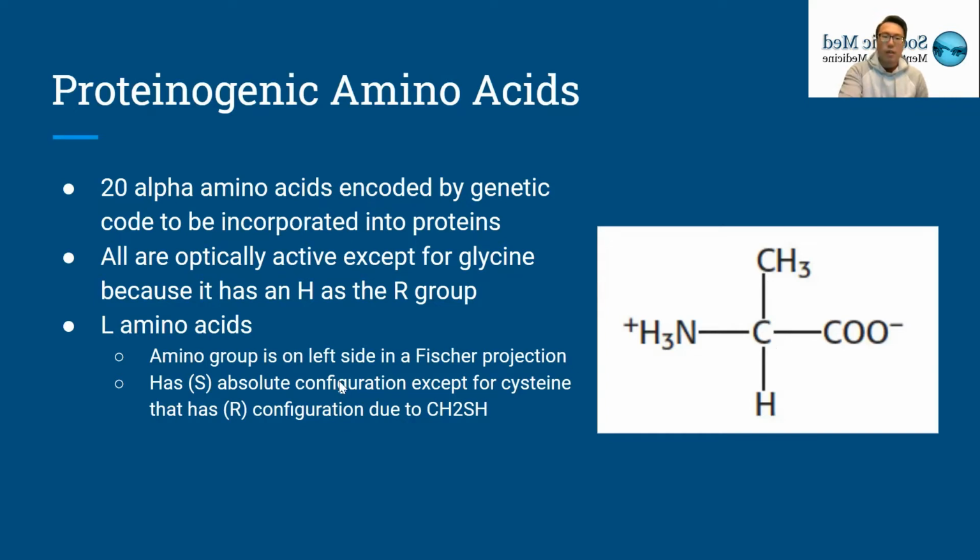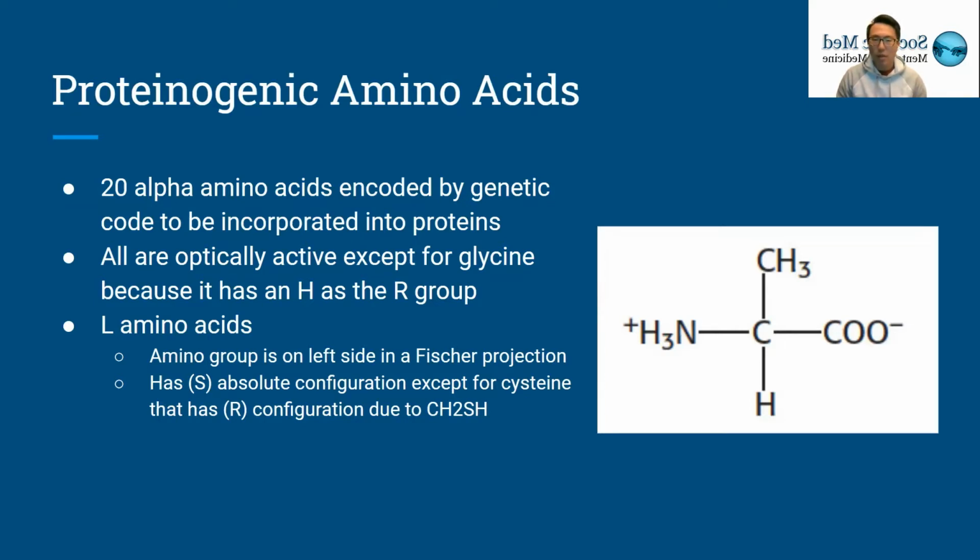And then the amino acids that we're going to go over today, the 20 of them, are all L amino acids. So in an L amino acid, the amino group, this NH3+, is on the left side in a Fischer projection. As you can see on the right, the amino group is on the left side, and that creates an S absolute configuration in 19 of the amino acids.